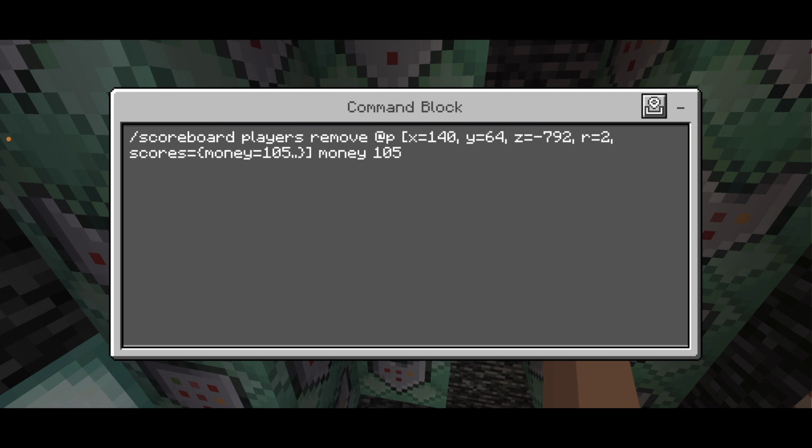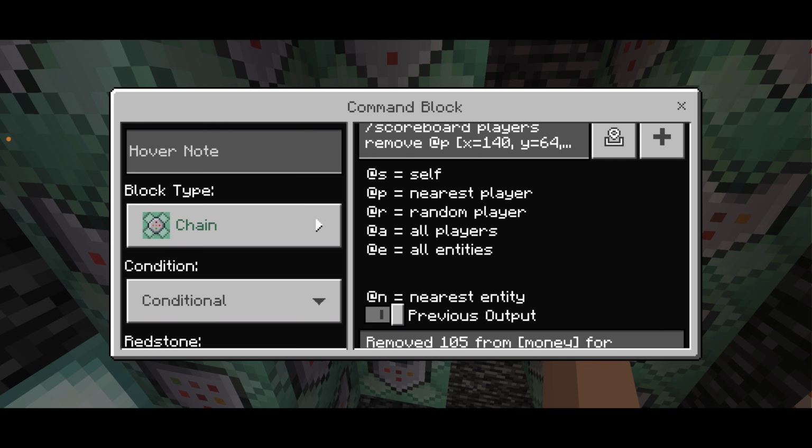Okay, scoreboard players remove at P, the coordinates R equals 2, scores equals money equals 105, and then money 105. Awesome, look how fast we're going.